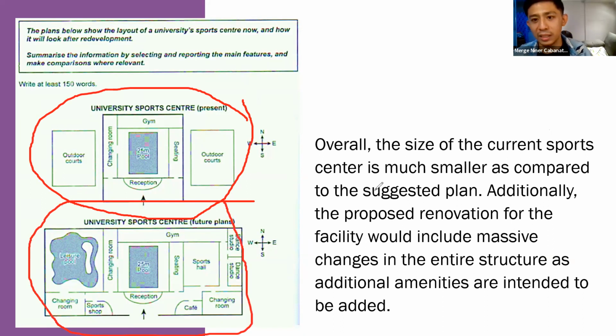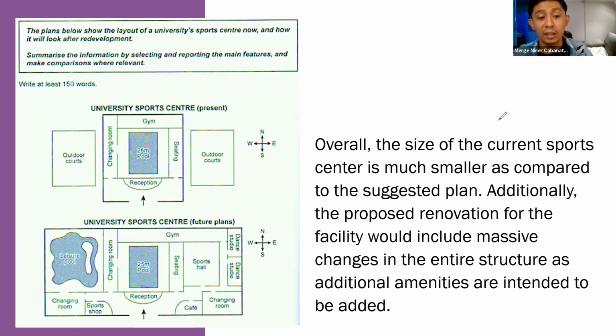The simple thing is that there will be changes made in the future for the sports center. But that sounds very vague. When you say vague, it sounds too narrow when it comes to the ideas that you're trying to present. You need to provide at least some substance. You need to provide at least some content.